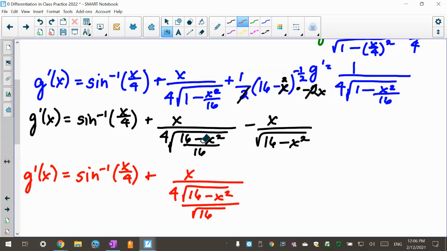All I did was take the square root of the top and the bottom instead of one great big one. When I do that, look how cool this is. Isn't the square root of 16 equal to 4? So these essentially divide to make a 1.